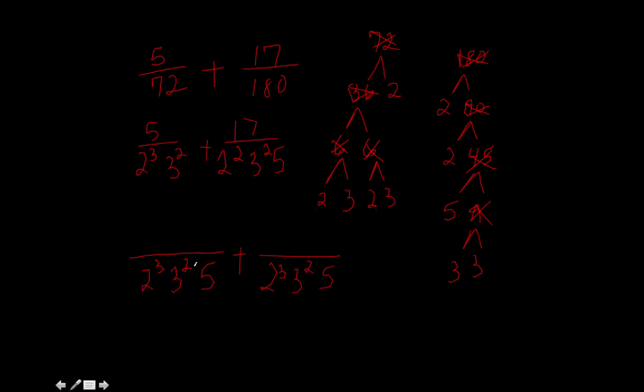So 5 already has 2 cubed and 3 squared, so I need to multiply it by 5. The 17 has 2 squared, so I need another 2. It has the 3 squared and it has the 5. So this is 25 over, let's see, I guess 72 times 5, plus 34.